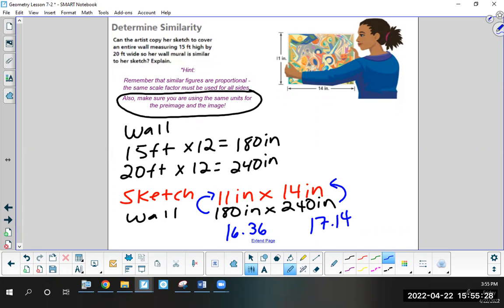So that's not going to work. The proportions are not the same. So this is not going to work. It's not going to look right when she puts it on the wall. Those proportions are not the same.